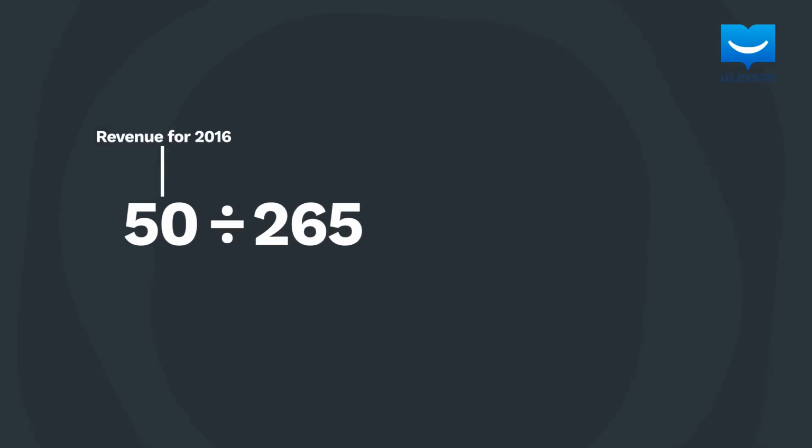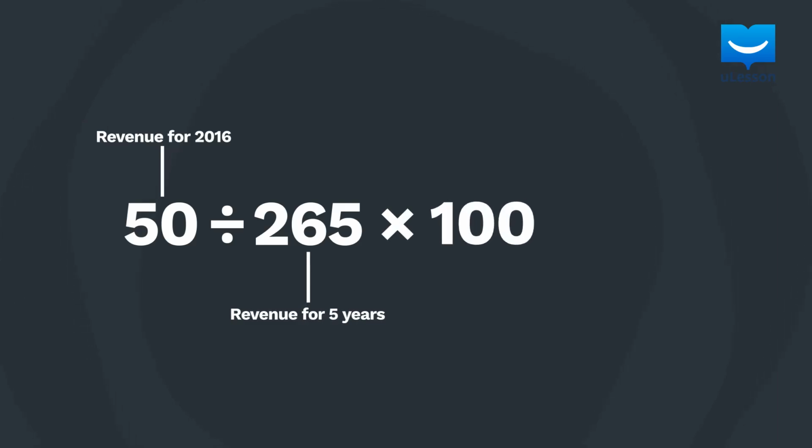He calculates the percentage represented by the year 2016's revenue by dividing 50 million, that is the total amount of revenue for that year, by 265. That is the total amount of revenue for 5 years, and multiplied the result by 100. The result of this is approximately 19%.